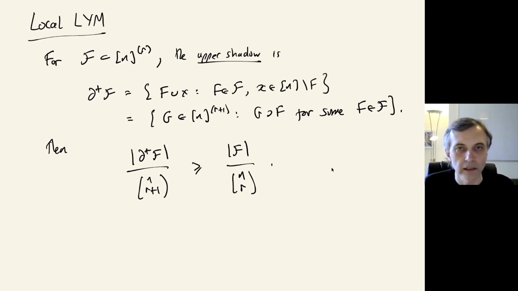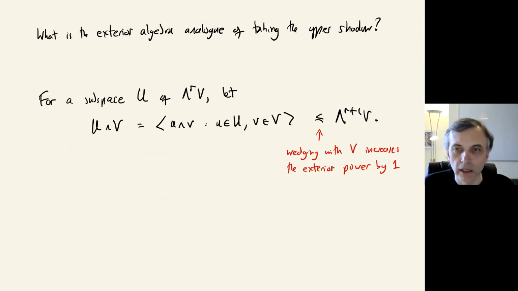Right, so what about in the exterior algebra? It'd be nice to have some analog of this. If you think about subspaces that come from set systems, say I have e1 wedge e2, and I want to add 3 to that, I would wedge with e3.